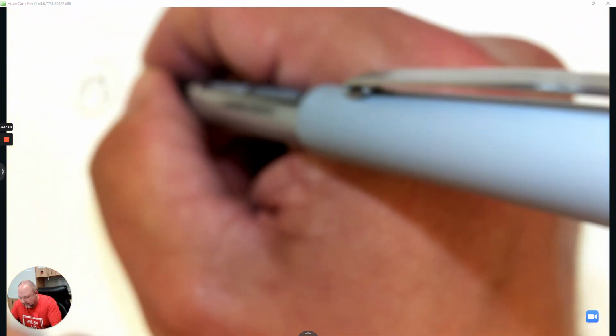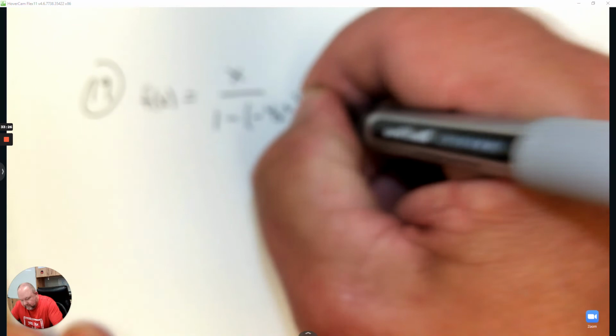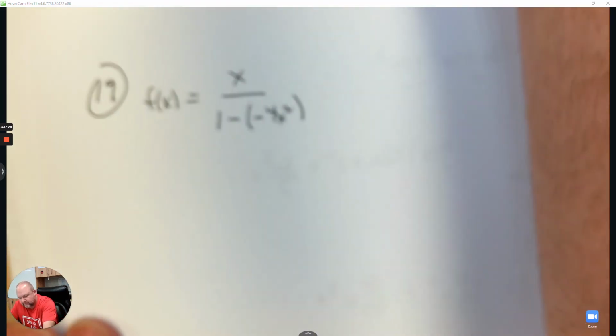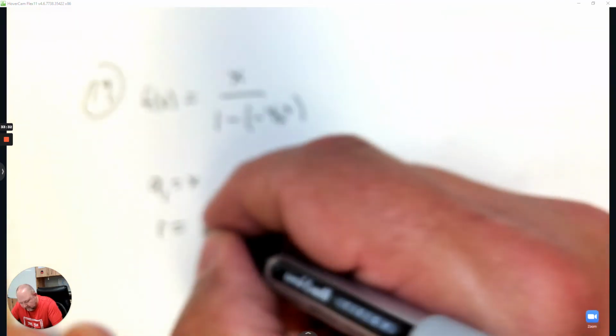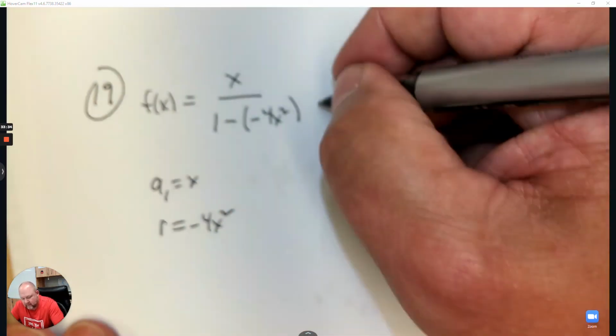Find a geometric power series. All right, this one we can try to figure out. So it's 1 minus negative 4x squared. So it's in the right form. So the first term is x, and the common ratio is negative 4x squared.